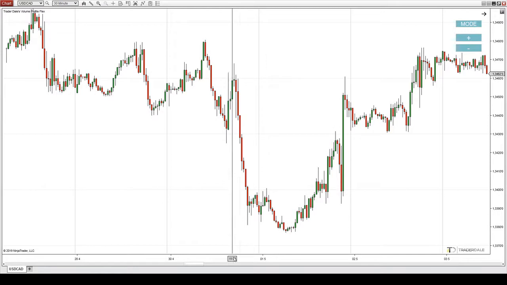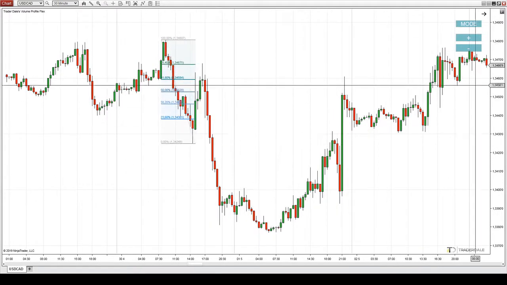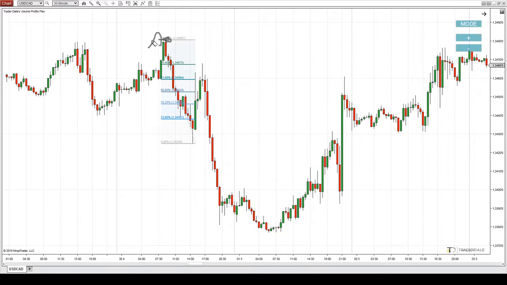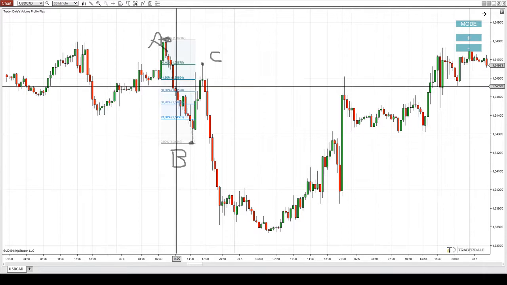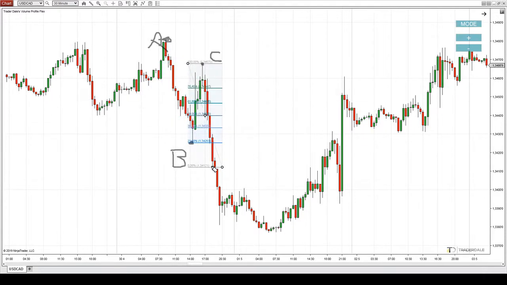Now here is another example of the ABCD setup. This point being A, this point being B. Above 50% line, there is the C. So you move the Fibonacci, and when the price hits this level, you go long.